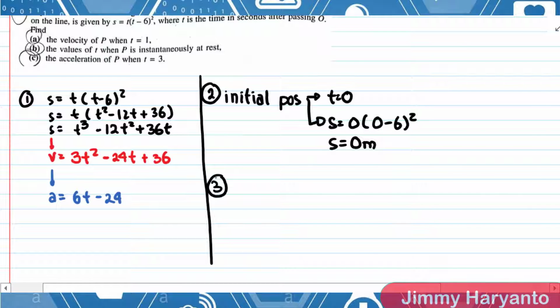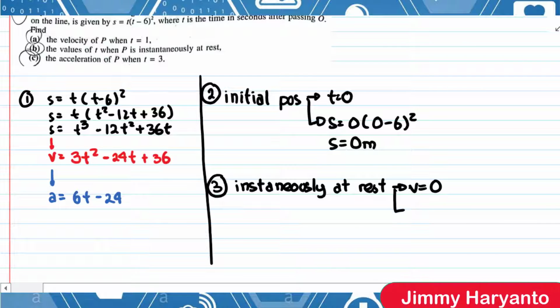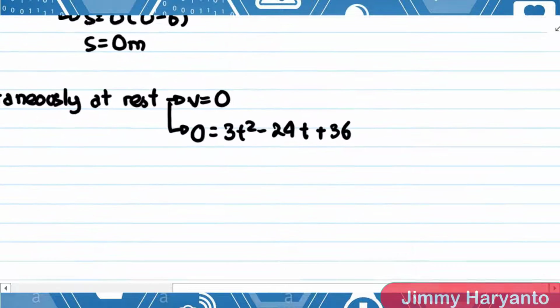And then the preparation for the third one is instantaneously at rest. Instantaneously at rest means v equals 0, and when v equals 0, that means 0 equals 3t squared minus 24t plus 36, using the equations.